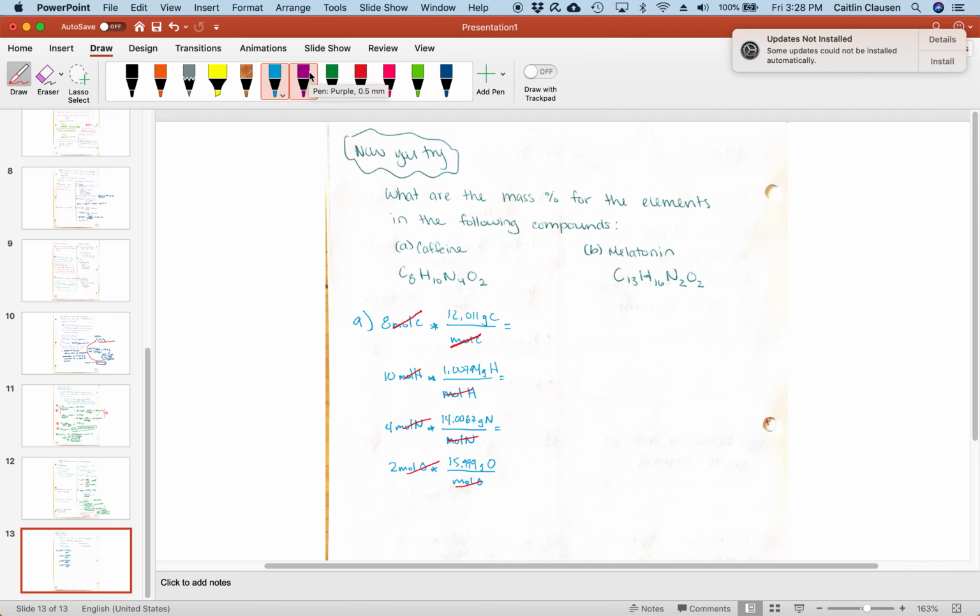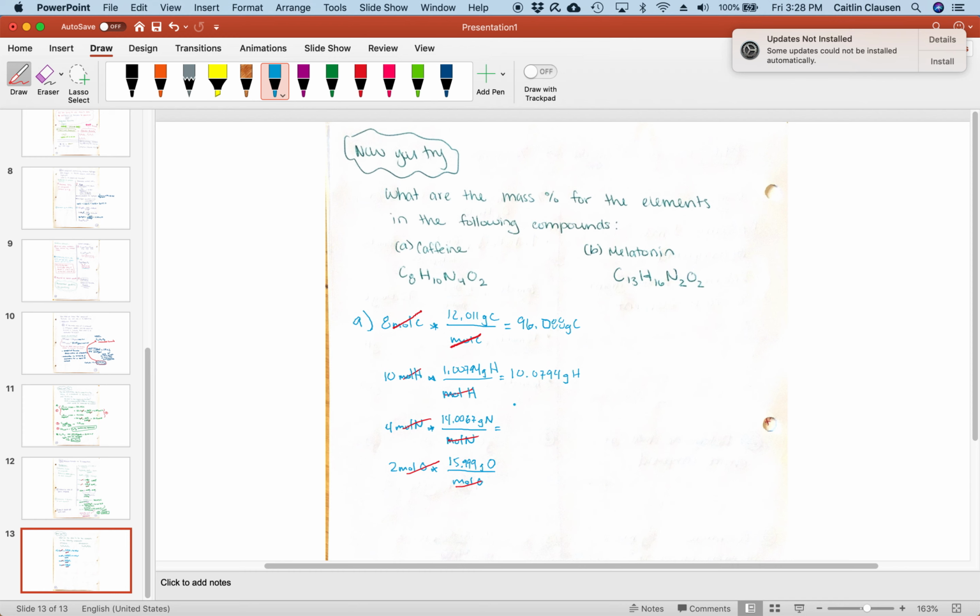So do the calculation. 8 times 12.011 gives me 96.088 grams carbon. And then 10 times this will give me, move that over 1, 10.0794 grams hydrogen.